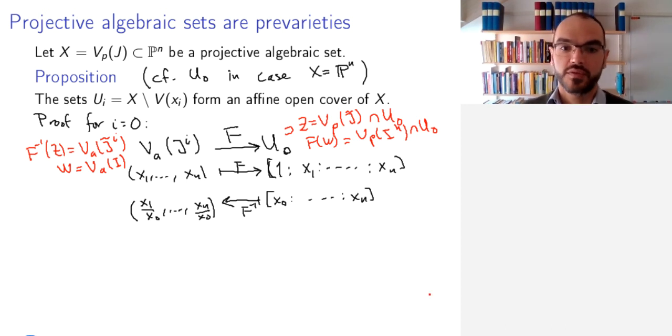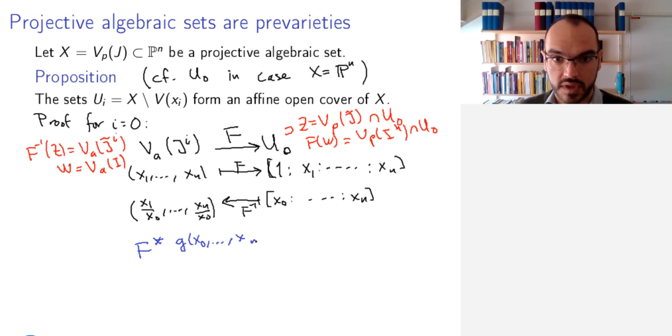To see what they do with pullbacks, we observe the following. So if from f you want to pull back a regular function on U0, a regular function on U0 is a quotient g(x0, ..., xn) over f(x0, ..., xn).